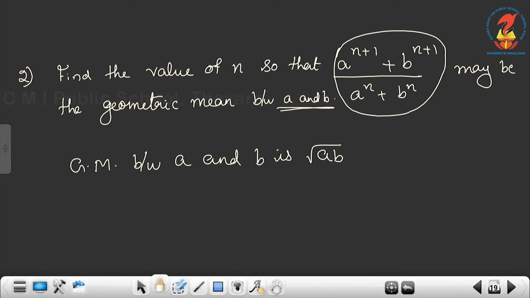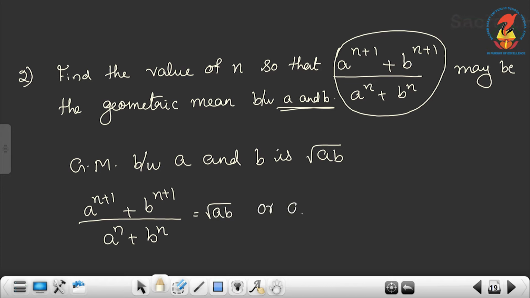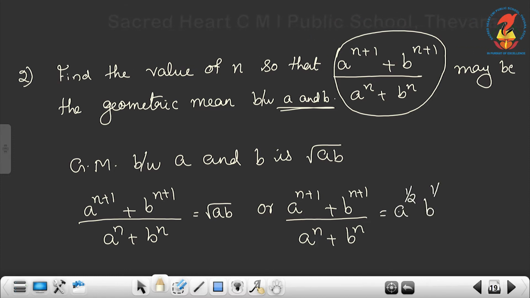So root ab is equal to the given fraction, a raised to n plus 1 plus b raised to n plus 1 by a raised to n plus b raised to n is equal to root ab, same as a raised to half into b raised to half.